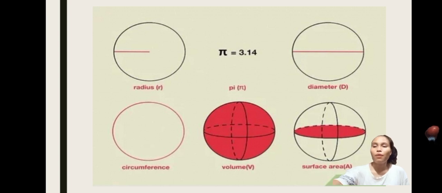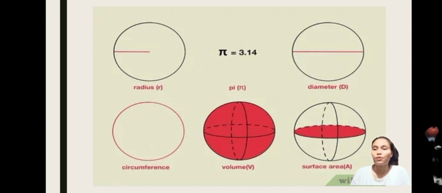So first, we have here a figure. Take a look at that. The first circle emphasizes the radius. That line colored red, that is the radius. Then the second one, the circumference.